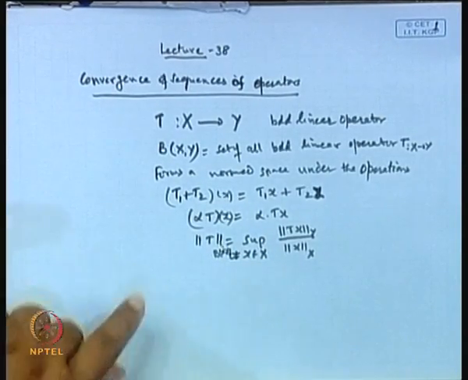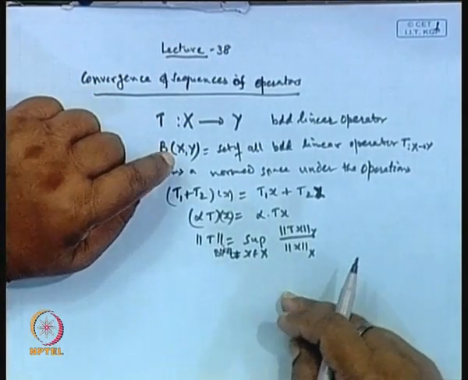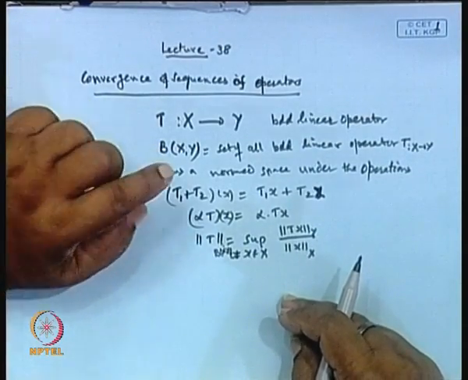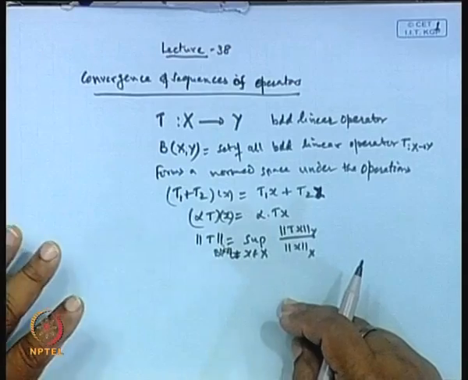So, basically when we construct the normed space with the help of these operators, we require three norms. One is the norm in X, the norm in Y, and these two together give the norm on B(X, Y).